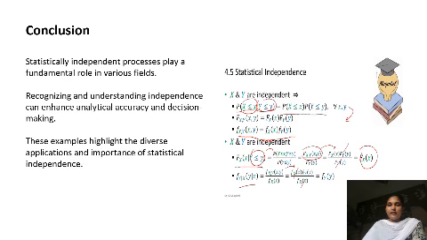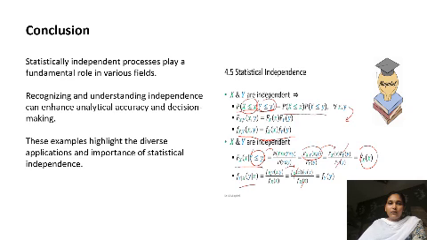Statistical independence: X and Y are independent if P of X less than or equal to x, Y less than or equal to y equals P of X less than or equal to x into P of Y less than or equal to y. The joint density f of x, y equals fx of x into fy of y.